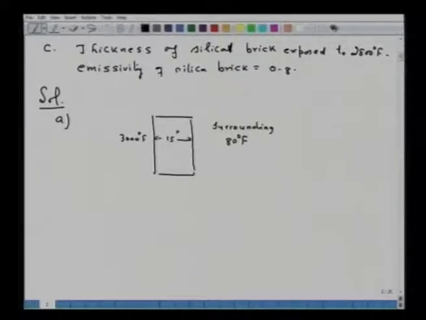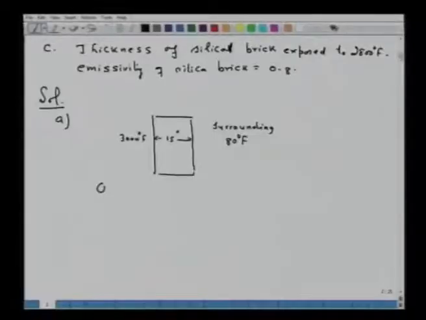Now, naturally here, as I have said, the heat transfer will occur from the furnace to the wall by conduction, and from the wall to the surrounding by radiation and convection. So, in fact, Q conduction is equal to Q convection plus Q radiation.